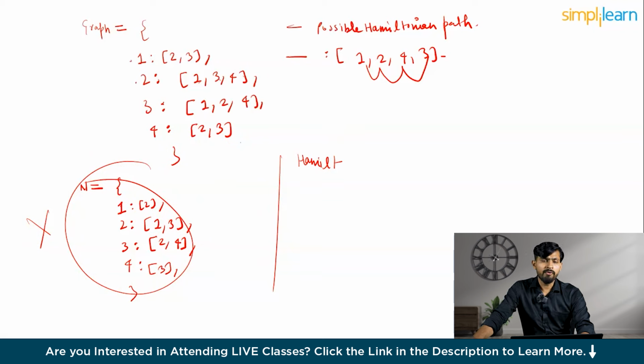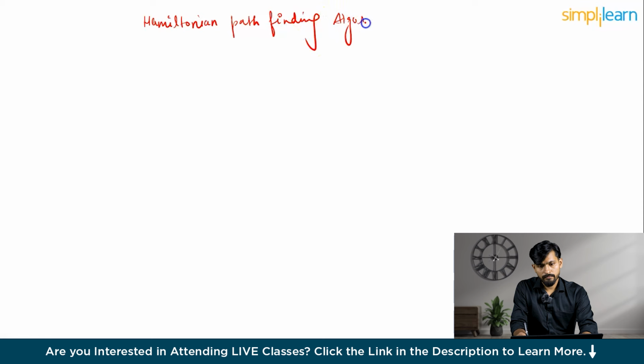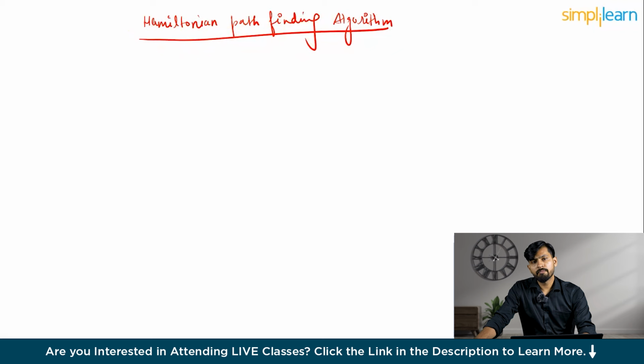Now, let us try to understand the Hamiltonian path finding algorithm. So guys, to find all the Hamiltonian paths in a graph, we can use a backtracking approach.